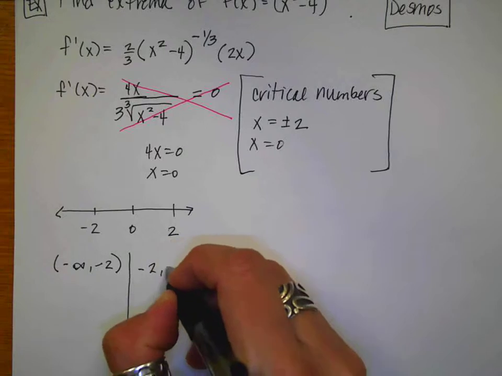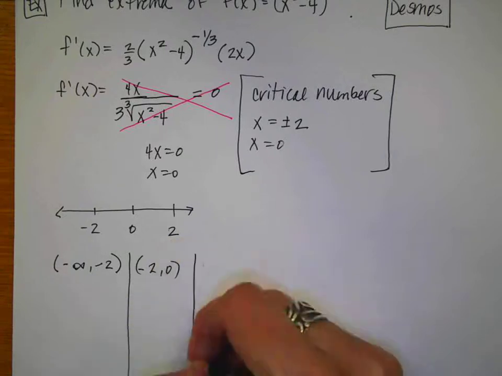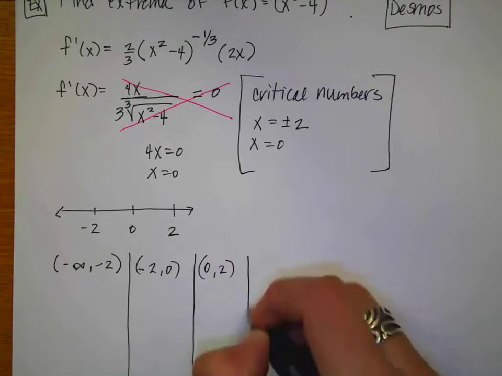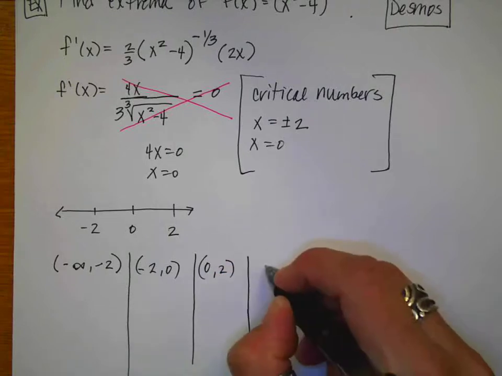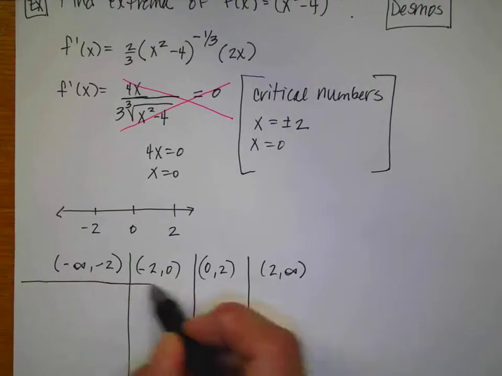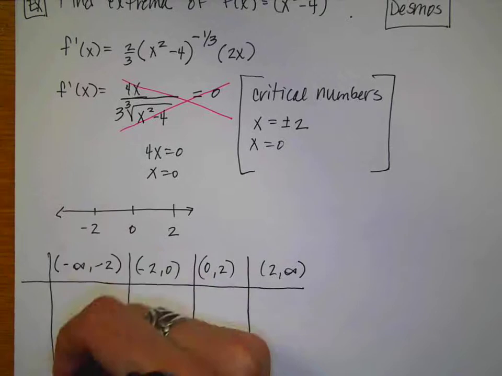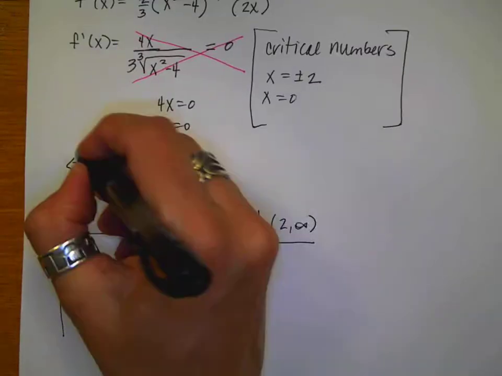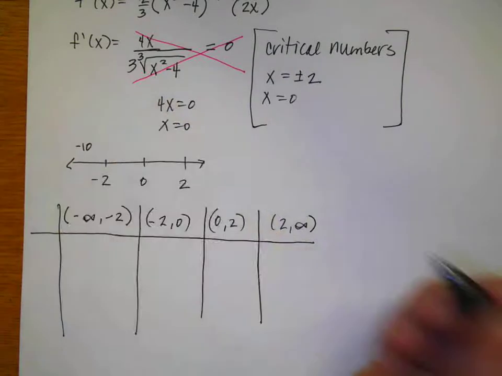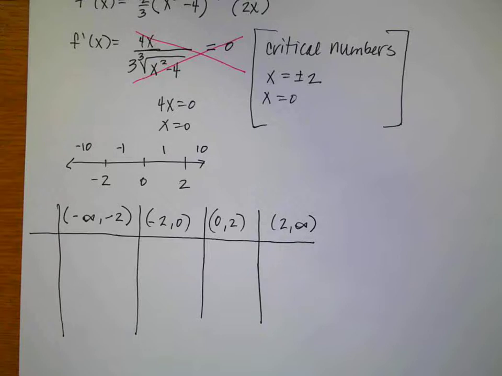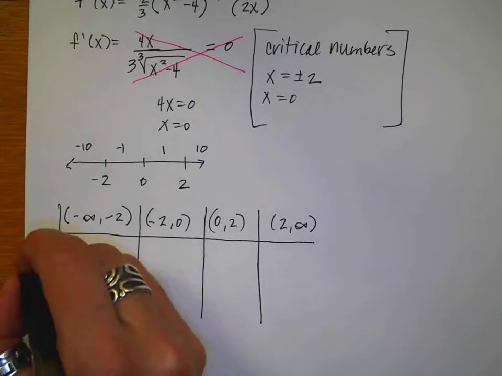My second interval is going to be negative 2 to 0. My third interval is going to be 0 to 2. And then my fourth interval is going to be 2 to positive infinity. And if you'll remember, what we like to do is choose test values in those particular intervals. And I'm going to write them up here. So I'm going to pick a negative 10, a negative 1, a 1, and 10. Okay, so those are just going to be my test values.